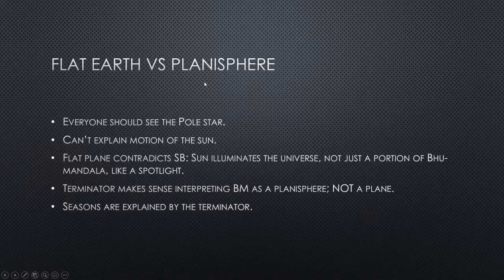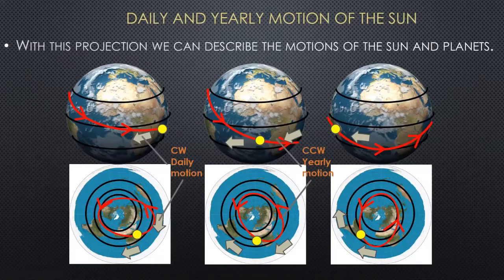We talked about planisphere versus flat Earth, and we said that there are problems if you think that Bhumandala is a flat Earth: first of all, everyone should see the pole star, and we can't explain this strange motion of the sun if you just say, oh, it's a flat Earth.